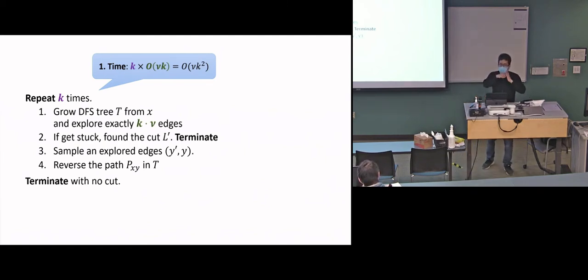So you need to count the non-tree edges too. Yeah. And this is really why, because you repeat k times, and each time you explore mu times k edges. It's k times mu k, which is mu k squared. So that's the running time.